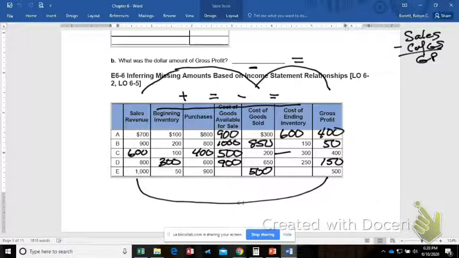Why does that not look right? Never mind, it does. Okay. And then, so when we get here, we get purchases, cost of goods available for sale is going to be, whoops, 950. And ending inventory is going to be, whoops, I did that wrong.